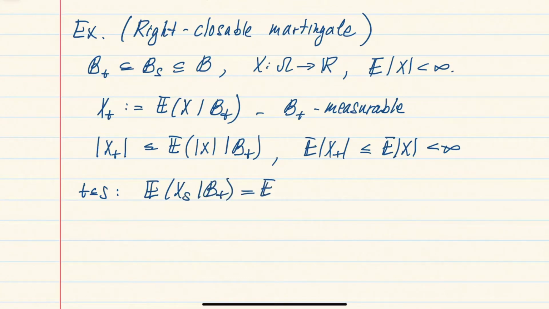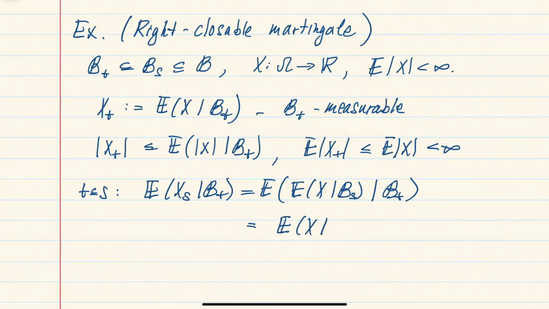Well, here by definition, xs is just the conditional expectation of this random variable x given sigma algebra bs, right? And then you average on the sigma algebra which is inside bs, and that's what we call the smoothing property, that if you average in two steps, it's the same as averaging in one step. So that's the same as the conditional expectation of x given bt, which is the definition of xt.